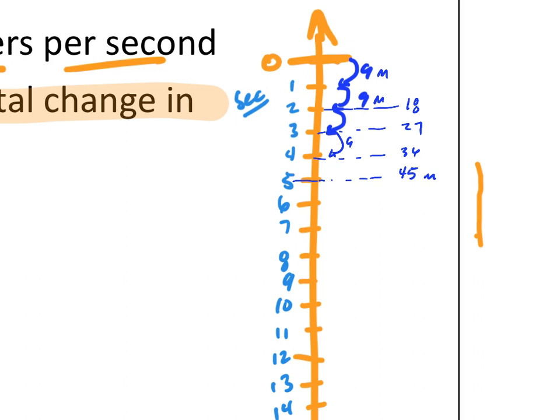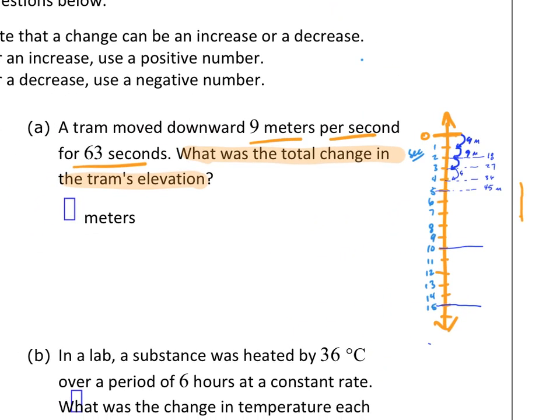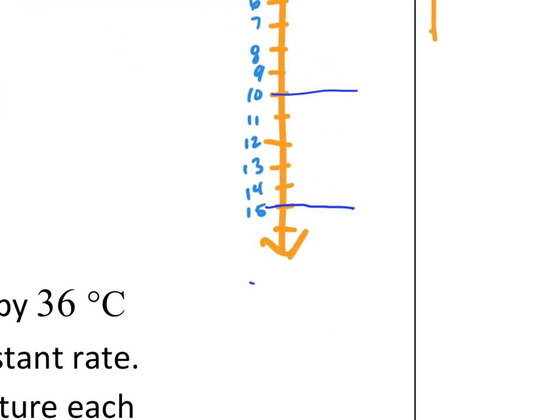So how far am I going to drop in 10 seconds? And how far would I drop in 15 seconds? And then, if you could think about that, then how far are you going to drop in 63 seconds?